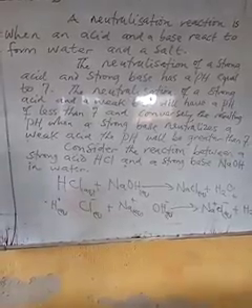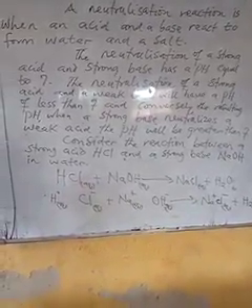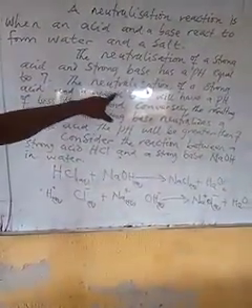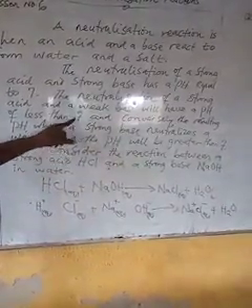If you recall, when I explained the pH scale, I said a solution that has a pH of 7, I said what? The solution is neutral. And from here, we said the neutralization of a strong acid and a weak base will have a pH of less than 7.